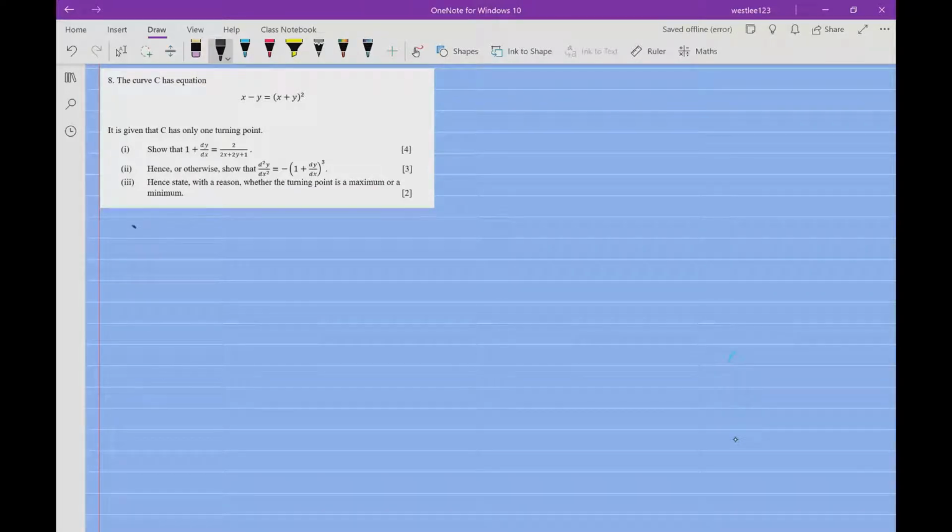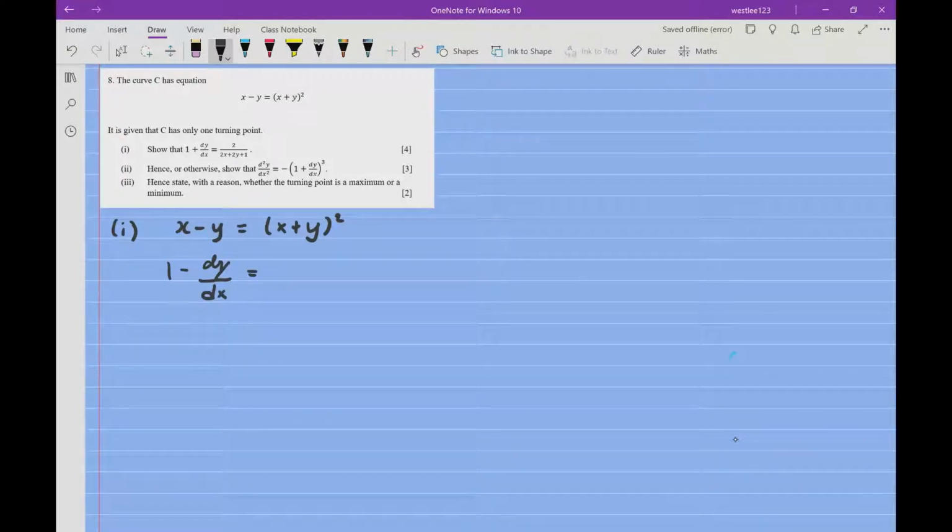Okay, so we start off with the equation of the curve, which is x minus y equals x plus y squared. If you want to find the first derivative, dy dx, you have to differentiate both sides of the equation with respect to x. So you will get 1 minus dy dx, differentiating y with respect to x.